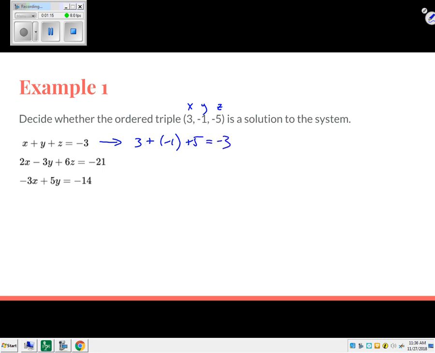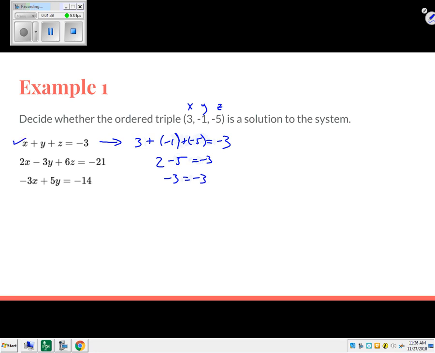See if that equals -3. Okay, so just going in order here. Did I mess up somewhere? Yeah, it's a -5, isn't it? Either way, I'm going to get 2 minus 5 equals -3. So yes, it does work on this.